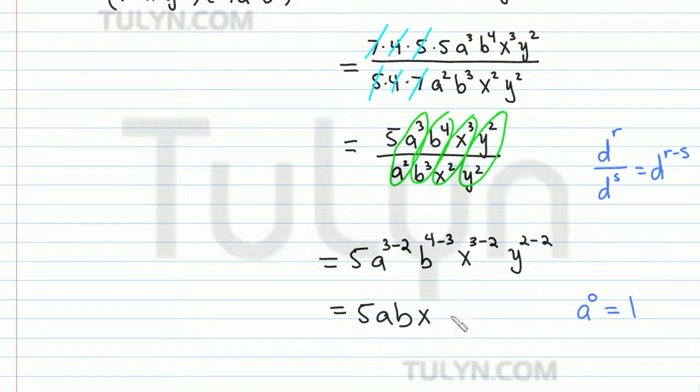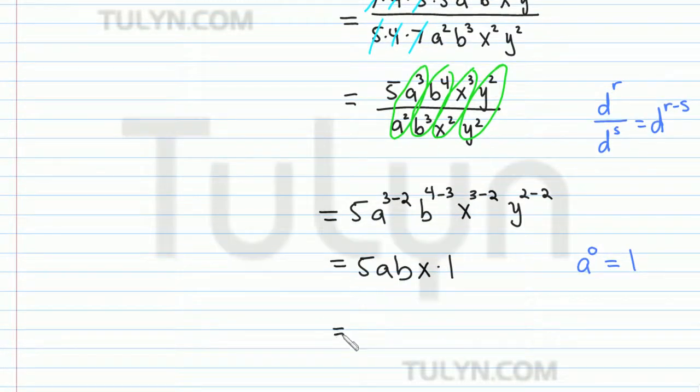So we can replace this y to the 0 with just 1. And then finally simplifying, basically not writing that 1, we get 5 times a times b times x. And since there's nothing else to do, this is the final simplified form for the product of those two rational expressions.